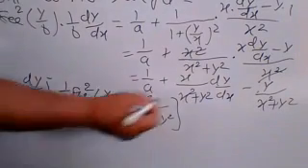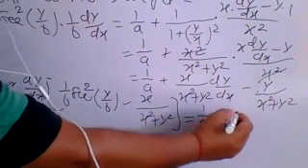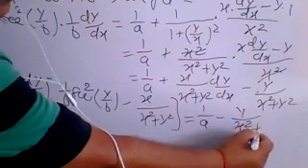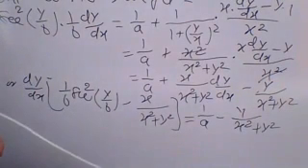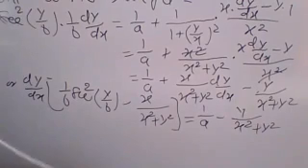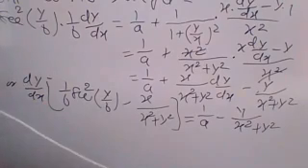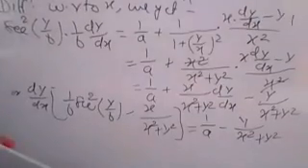And its remaining terms, you have 1 upon a minus y upon x square plus y square. Now you could take the LCM to write it in simplest form, but here you do not obtain any simpler form, so you write the value of dy by dx directly. So have you noted up to this step?